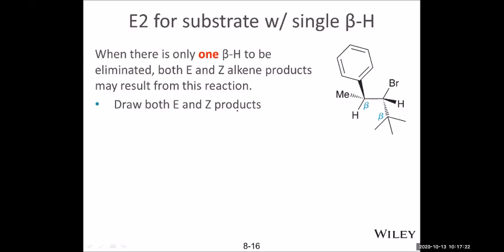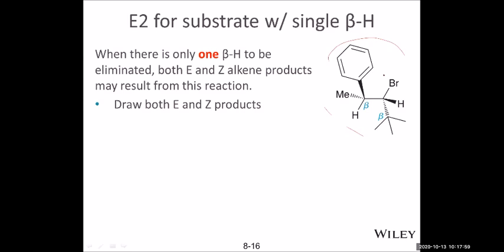But here, when we give you a three-dimensional bond line structure like this, and only one beta hydrogen can be removed, the beta hydrogen you were given may not be in the perfect location for the reaction to take place. So we have to be able to rotate the bond and line up the beta hydrogen so that it can be perfectly removed.